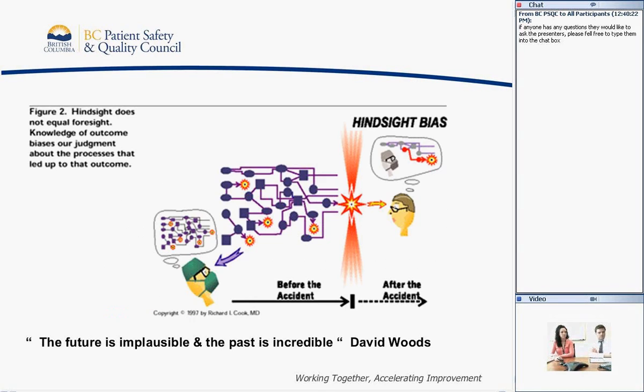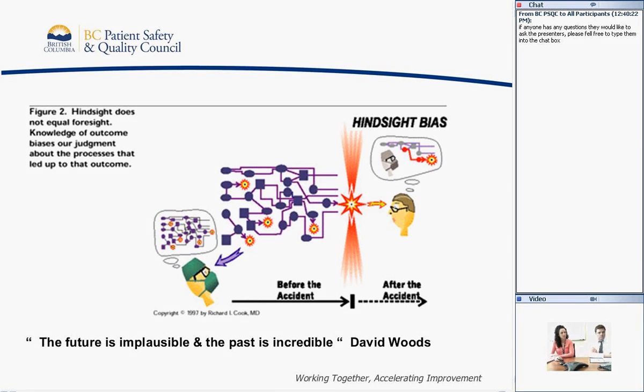So in the next slide, I talk a little bit about hindsight bias. When an adverse event occurs, it is very easy to try to judge what was going on in the practitioner's mind.